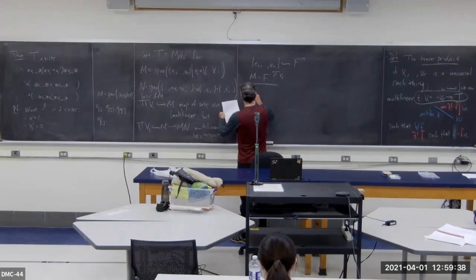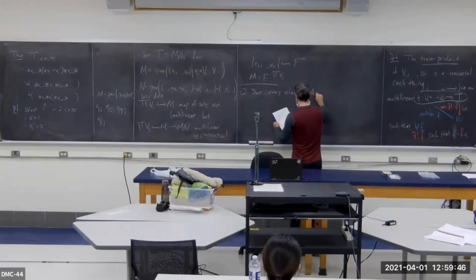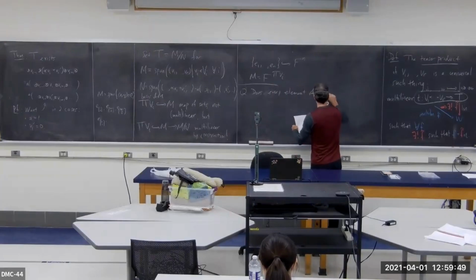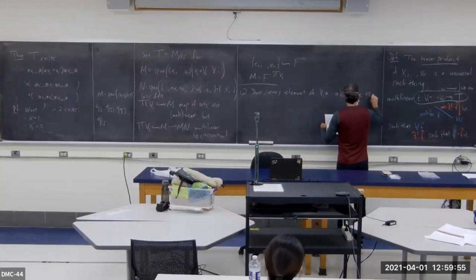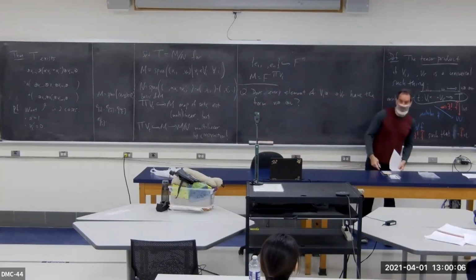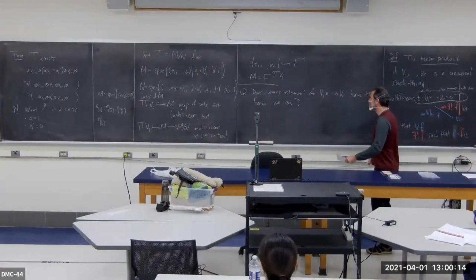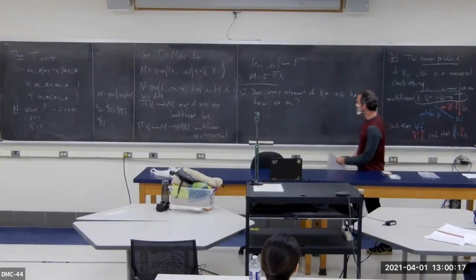The question is, does every element of the tensor product have the form little v1 tensor up to little vr? No, it doesn't. The answer is no. Just to be clear though, this is the question that Jack just asked. And the answer that Nicole just gave me, I think it was Nicole, I can't tell because there's masks on, I can't say who said it. The answer is no.